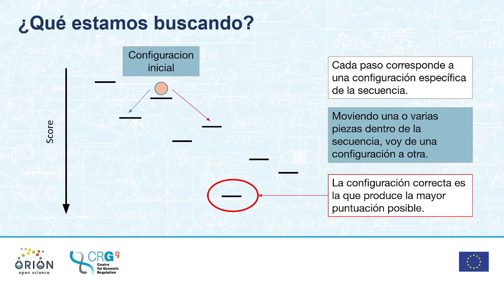What we expect is that in regions of the sequence where there are no rearrangements, the order of the fragments corresponding to the configuration with the maximum score is the same as in the reference genome.